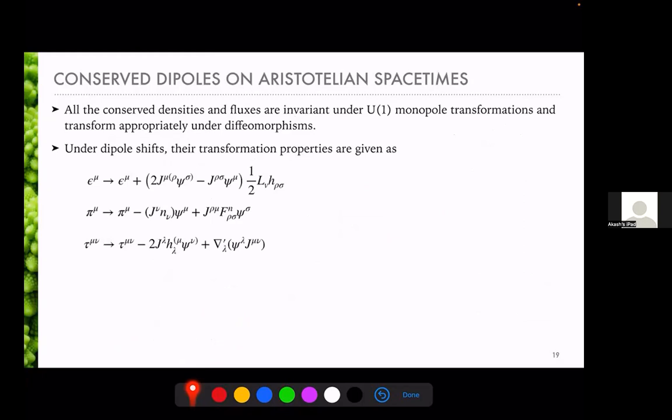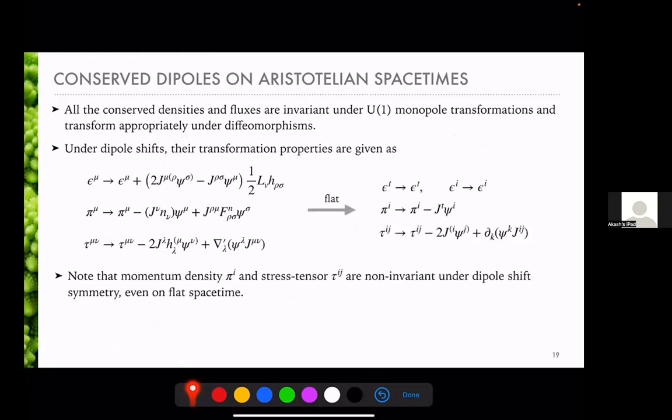This is also an important point: once you are able to define energy density, momentum density, and stress tensor in this theory, you can ask how they transform under these dipole shift transformations. And this is how they transform. Basically, in flat space, you will find that energy density and energy flux can be defined without any problem, but momentum density cannot.